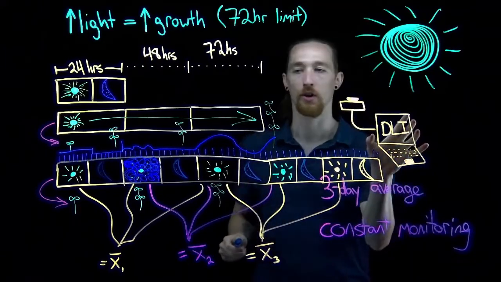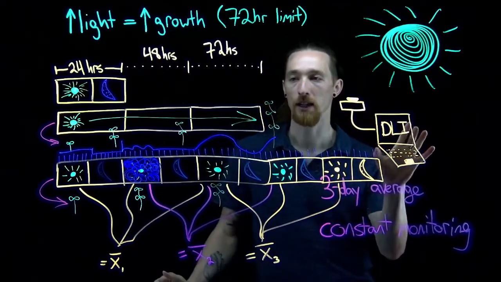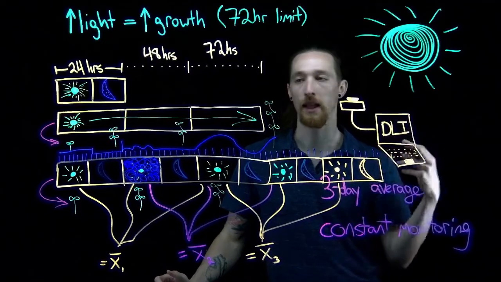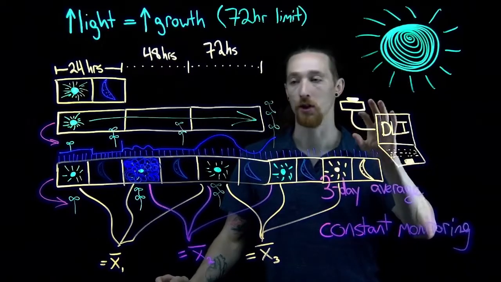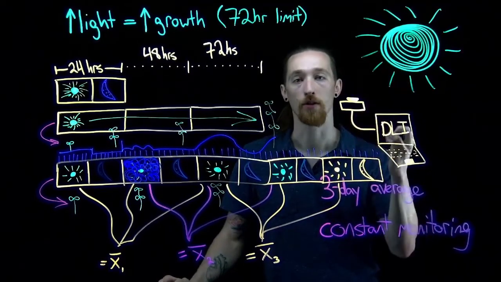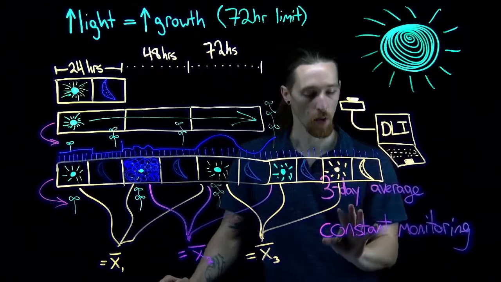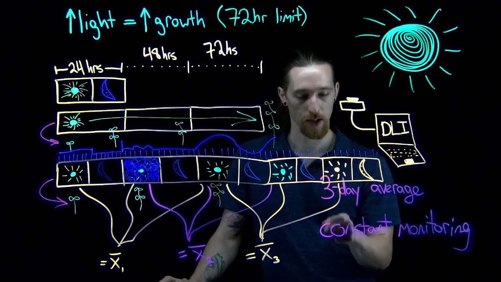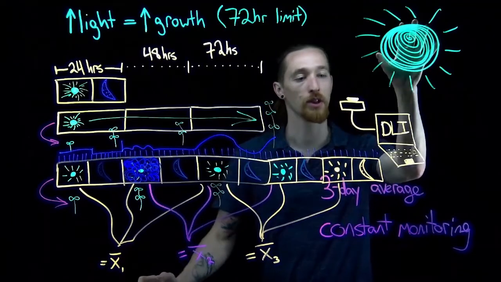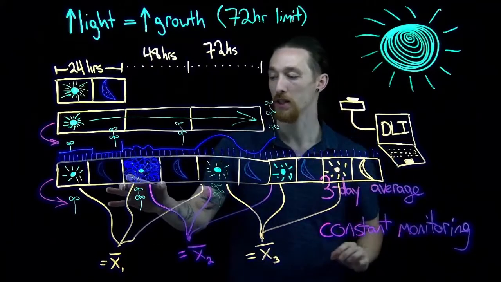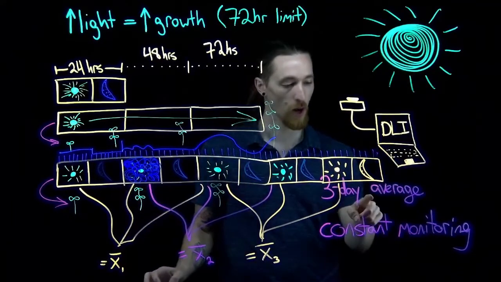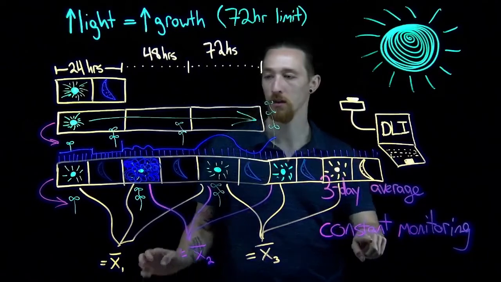However, when you're connecting it to a logging device, something that can average it, something that can also pair with triggers to artificial or supplementary light, what happens is that you can now react. What light you've been getting from the sun, is it not enough on this cloudy day, whether you had the 3-day average or the constant monitoring?